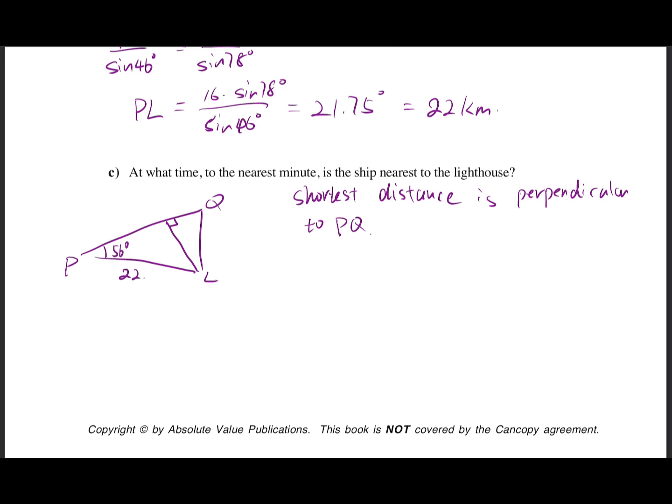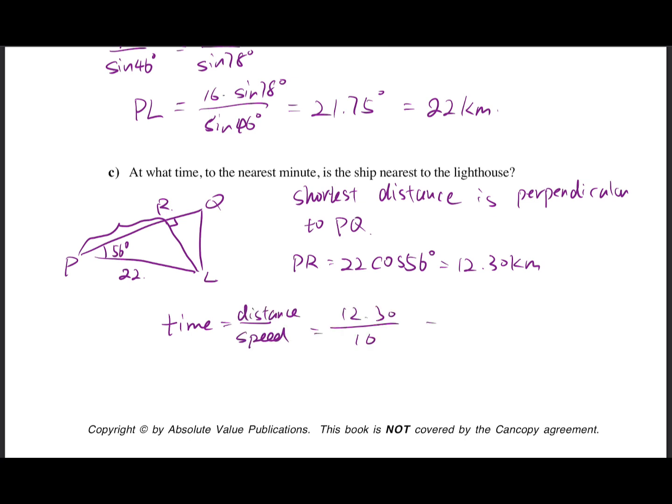Now we need to find PR, and PR is 22 times cosine 56 degrees, so it's 12.30 kilometers. And for this part, we use distance divided by speed to get time. So it's about 46 minutes. So the answer is 6.